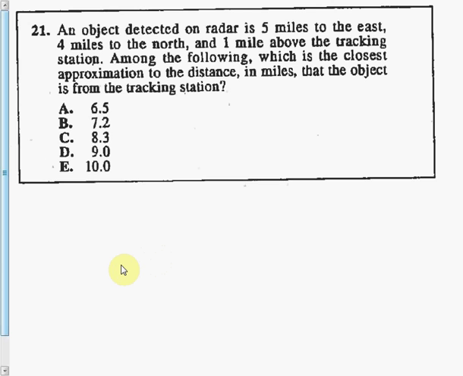So a problem like this, you want to be able to try to visualize what they're talking about first. If you can visualize it, then from there draw some diagram to see what it's trying to say, and then solve it.